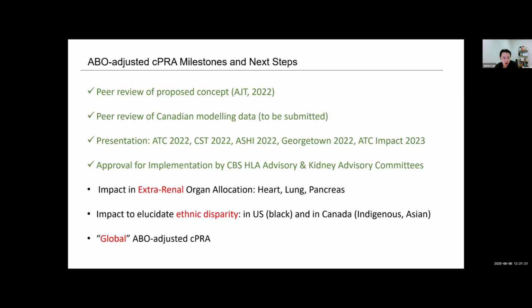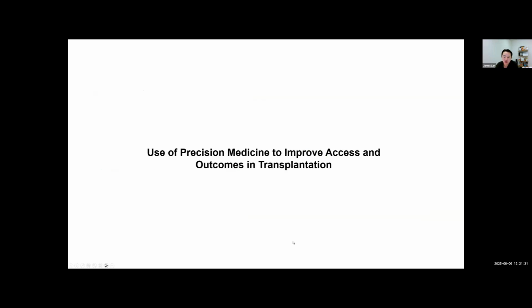And once and for all, we can have one single metric for organ allocation in the world. So that's kind of where that project is heading into. And I'll just switch gears and talk about a different way to use precision medicine to improve access and outcomes in transplant.